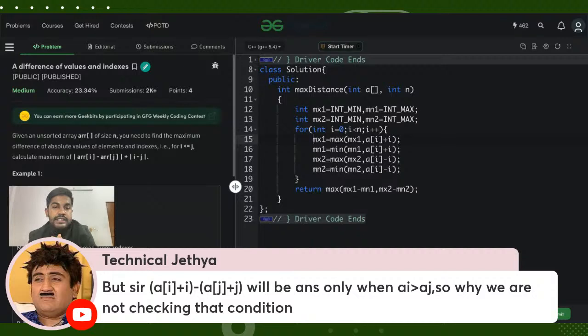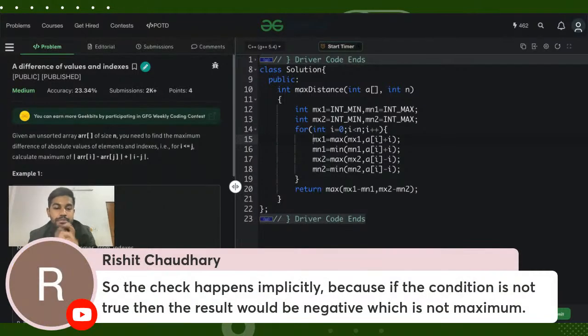We would be only concerned with the maximum answer. Like suppose we have the maximum as 100, then minus 2 or minus 3 won't affect the answer, right? So the check happens implicitly because if the condition is not true, then the result would be negative, which is not maximum. Absolutely. This is the reason.